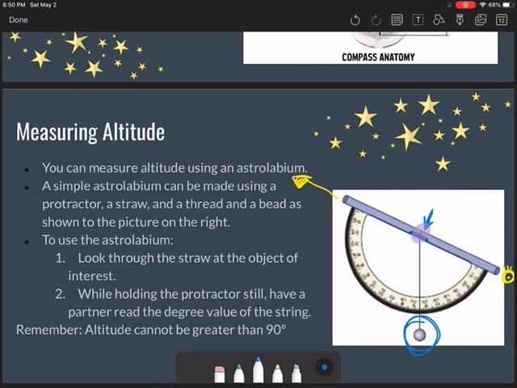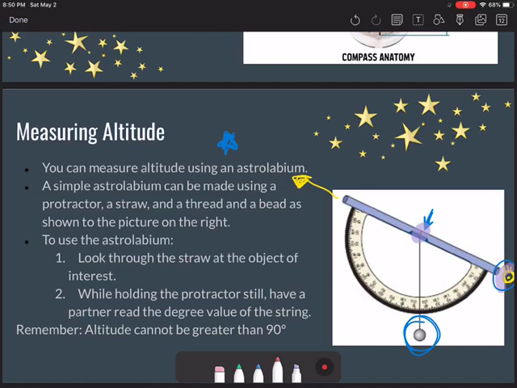In order to measure the altitude using this, you would look through the straw at some sort of object. Maybe here's a star that you want to figure out the altitude for. On the one side, you would look through the straw at that object. You would need a person here with you to help you make that recording.